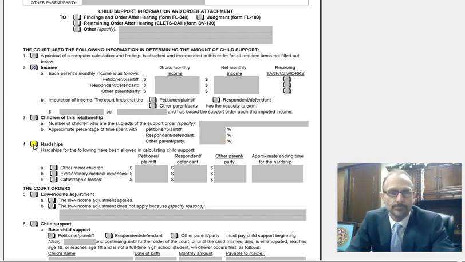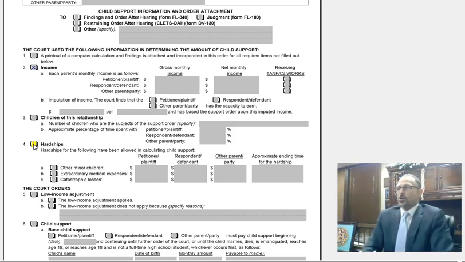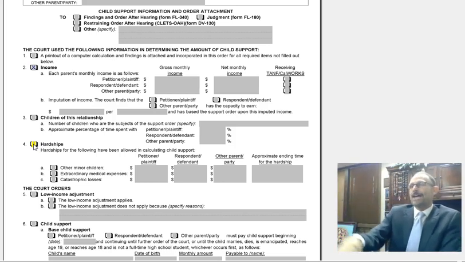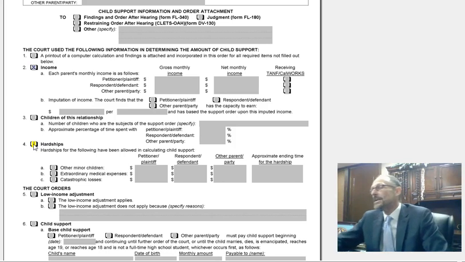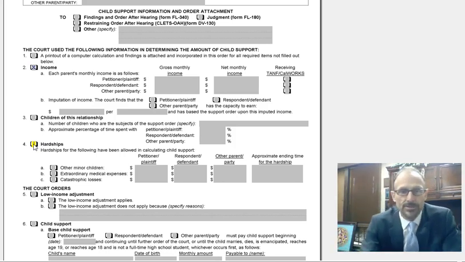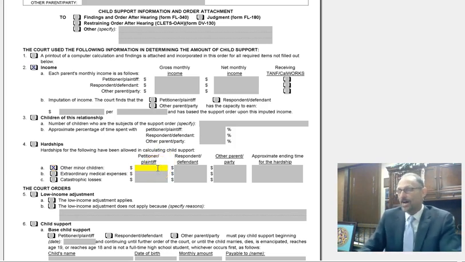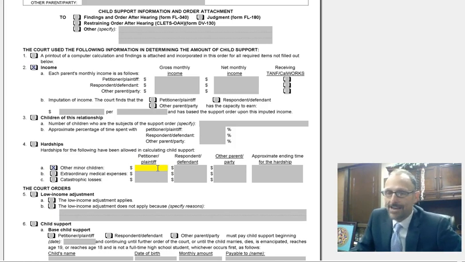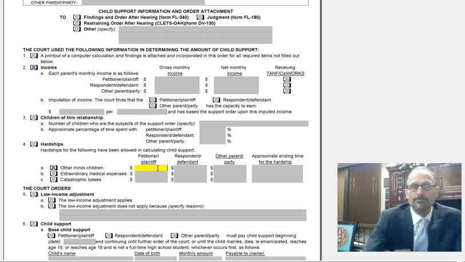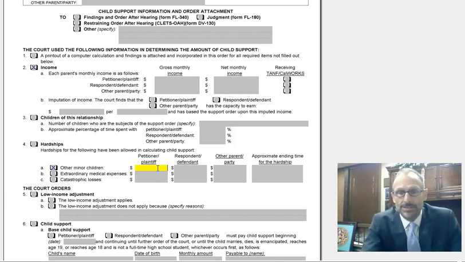All right, moving on to section 4, hardships. Hardships of the following have been allowed in calculating the child support. If let's say dad or mom has other minor children from another relationship, that's where you would put this in there. And you can put, for the petitioner, how much you're paying for that child per month.